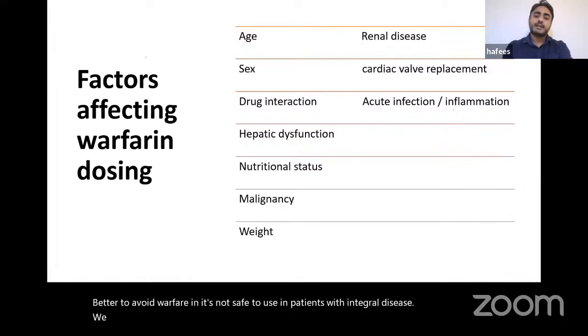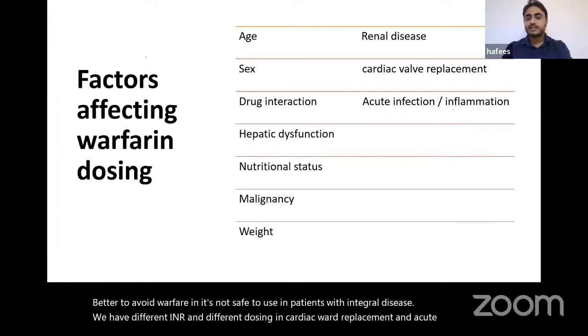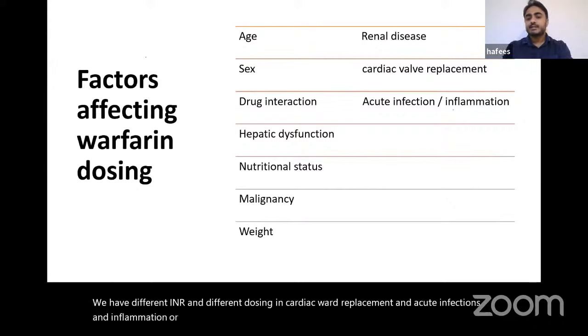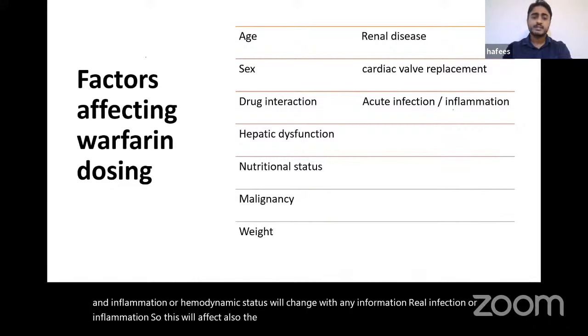We have different INR and different dosing in cardiac valve replacement, and in acute infections and inflammations. Our hemodynamic status will change with any severe infection or inflammation. So this will also affect the INR of the patient. And finally, drug interactions.